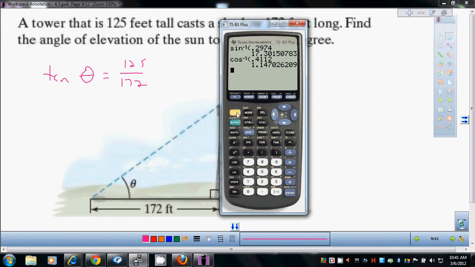So that would be tan inverse of 125 over 172, which will give you your angle. Let me try this again. Okay, 36 degrees. Much prettier.